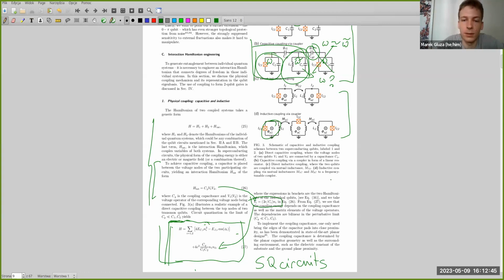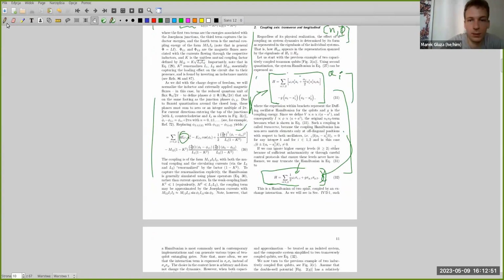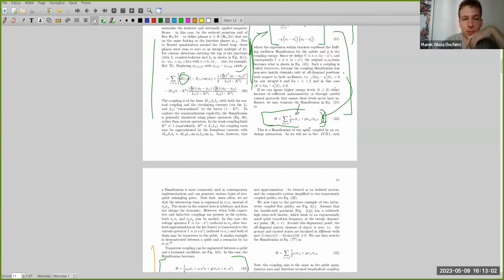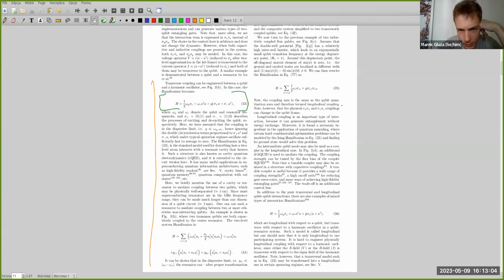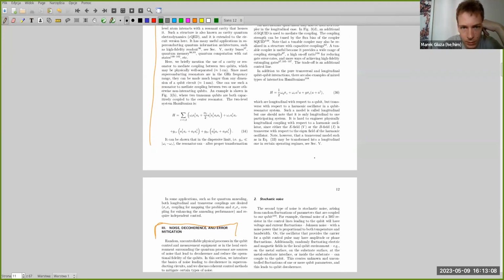Yeah, so there was a comment that there's a rotating wave approximation happening. Actually, what I was trying to describe is that this is not a rotating wave approximation, but more related maybe to bosonization or something like this. Rotating wave approximation will come later, I think somewhere later.